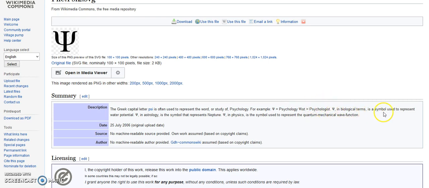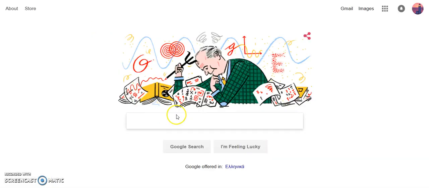In biological terms, it's used to represent water potential. In astrology, it's the symbol that represents Neptune. And of course, Neptune is the god, or Poseidon is the god of the sea, or of the water. And so you see that this is representing water. It's representing a wave over here.